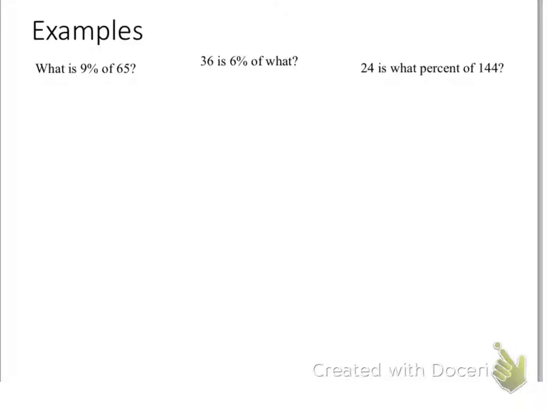So what is going to be our variable? Is, remember, means equals. 9%, we need to write that as a decimal, 0.09 of 65. Of means multiply times 65.